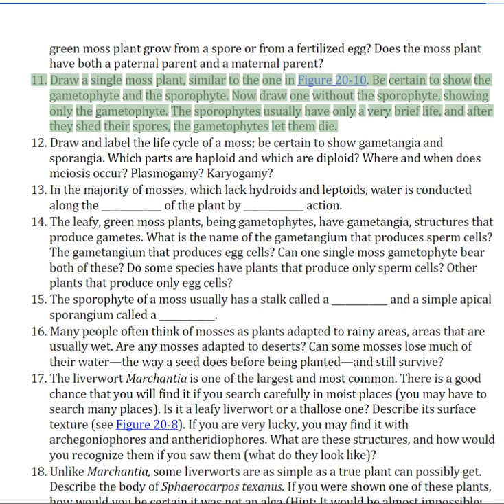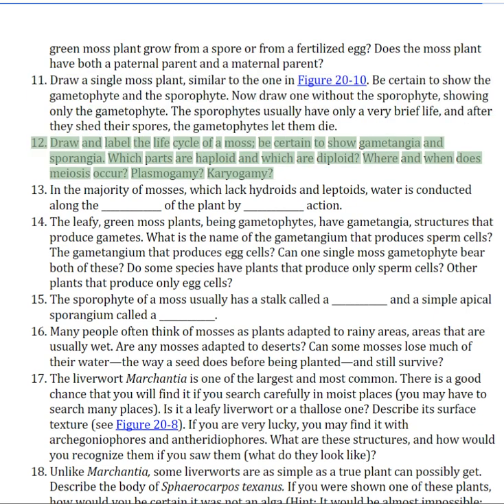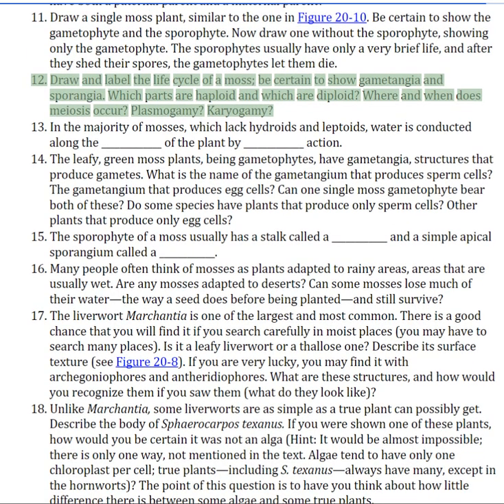Be certain to show the gametophyte and the sporophyte. Now draw one without the sporophyte, showing only the gametophyte. The sporophytes usually have only a very brief life, and after they shed their spores, the gametophytes let them die. 12. Draw and label the life cycle of a moss. Be certain to show gametangia and sporangia.